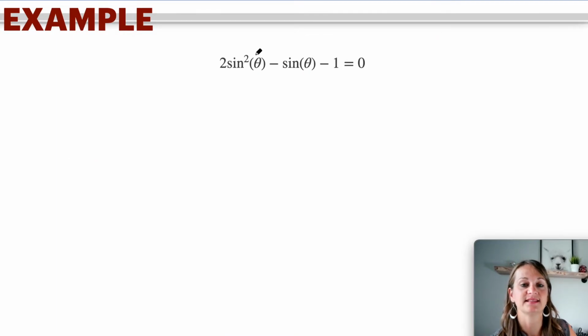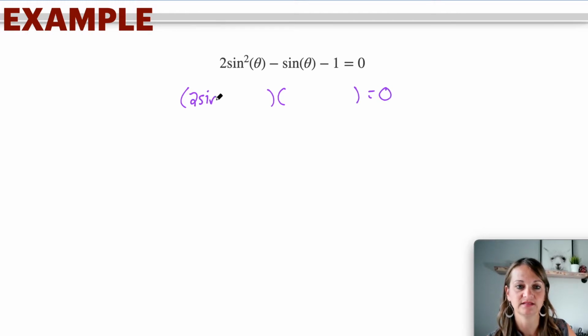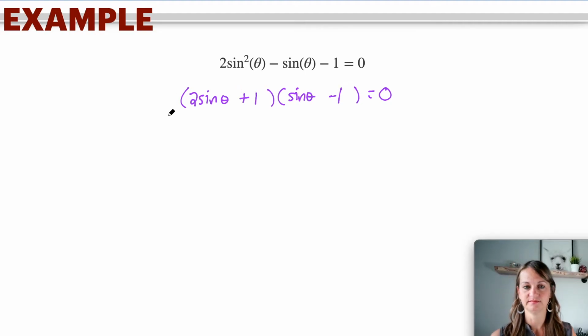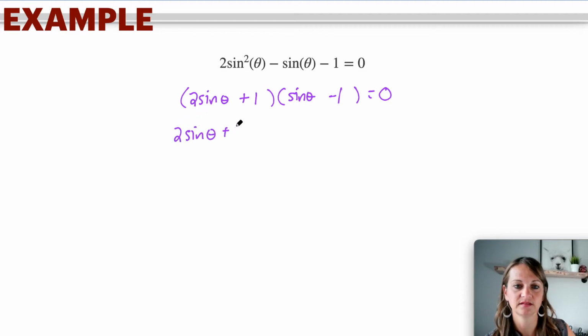We're going to do the exact same thing. This actually can factor into 2 sine minus 1 times sine plus 1. And now we can set them both equal to 0.